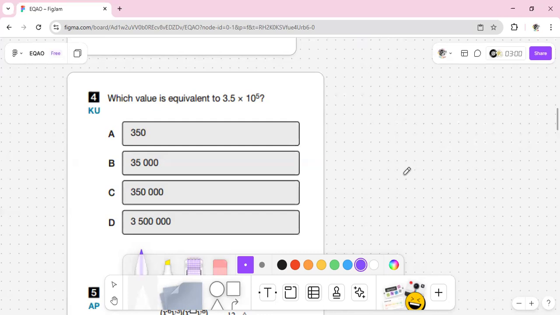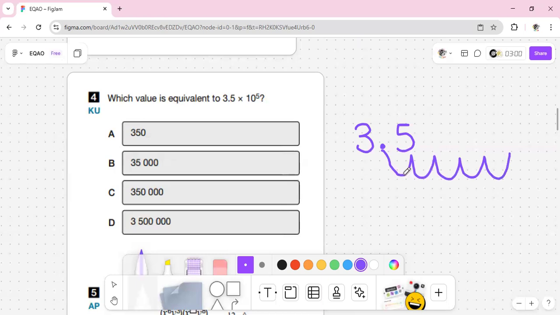When I teach this to my students, I always say, start with writing 3.5. But in order to translate it into the real number, you need to start at the decimal and count 1, 2, 3, 4, 5 places.